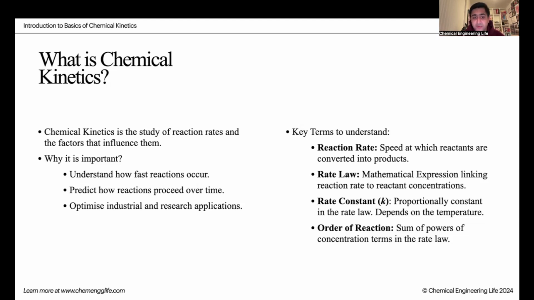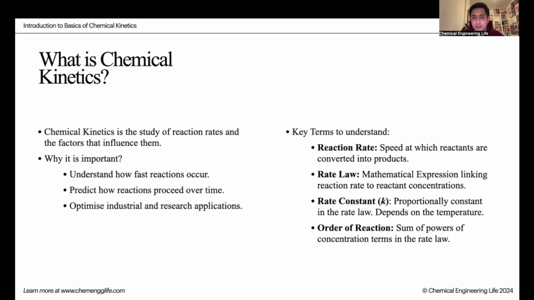And obviously, in industrial and research settings, having this information is crucial because, like I said, there could be a lot of reactions today where we would like to optimize the reactions and the product output as much as possible. So that's a very basic explanation of what chemical kinetics is.